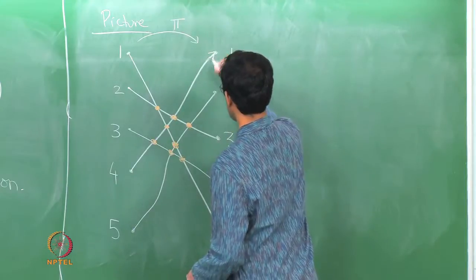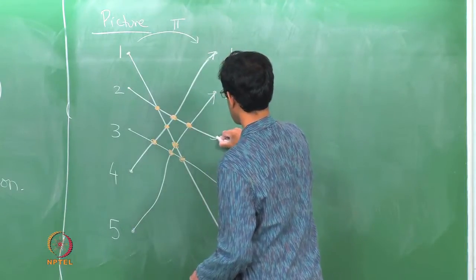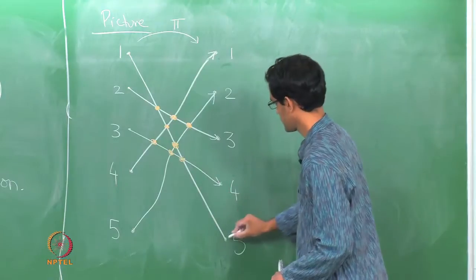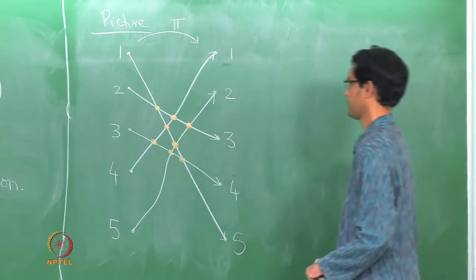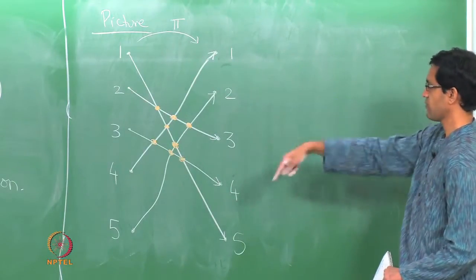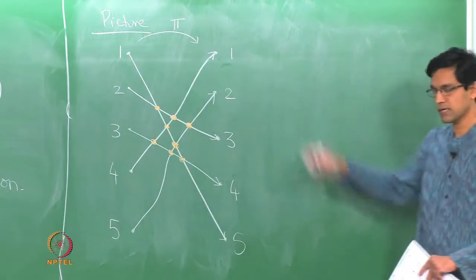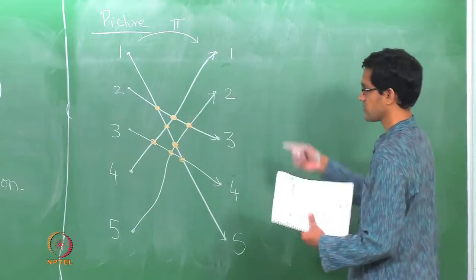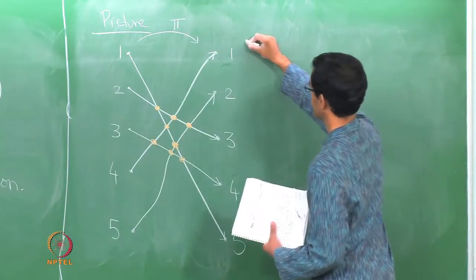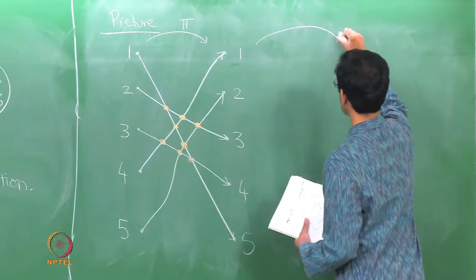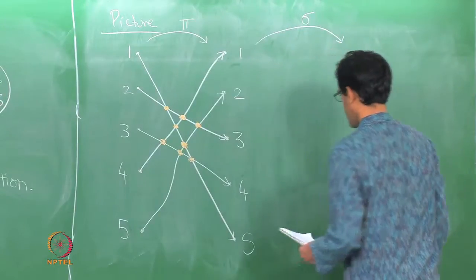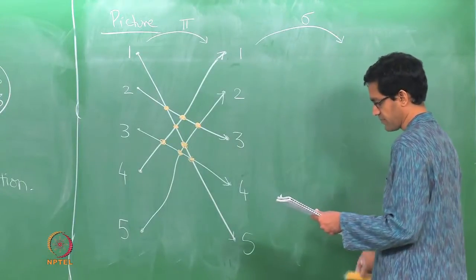So maybe I should draw arrows here. Okay, so 1, 2, 3, 4 and 5 under pi get mapped to whatever they get mapped to. So we have drawn the crossings diagram. Now let us look at the function sigma. So we need to do this one more step. So let us look at the function sigma and see what sigma does to these 5 numbers.